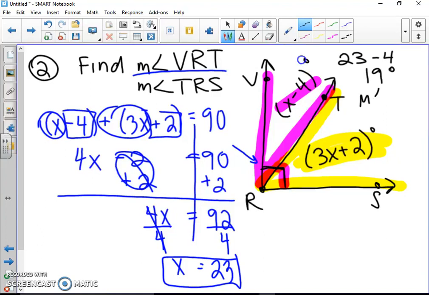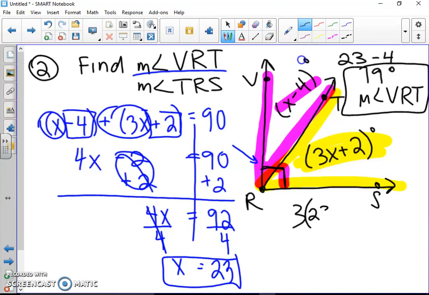So that's the measure of VRT. And then we also need to know 3 times 23 plus 2. 3 times 23 is 69 plus 2 is 71 degrees. So that's the measure of angle TRS.